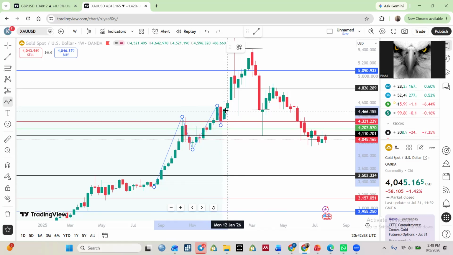This one came down, but it is too small. Where this red candle came in, it is red, but price had not taken the previous high out. Are you getting my point?